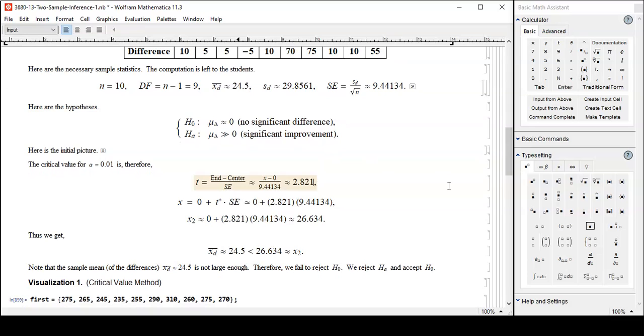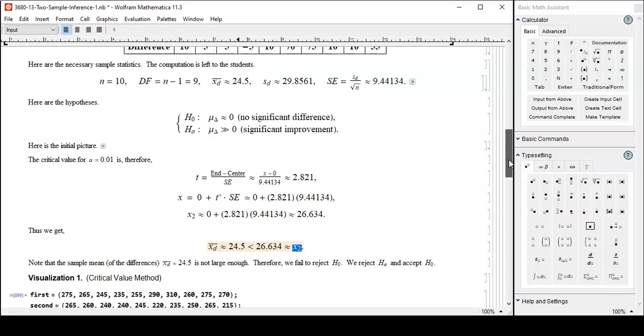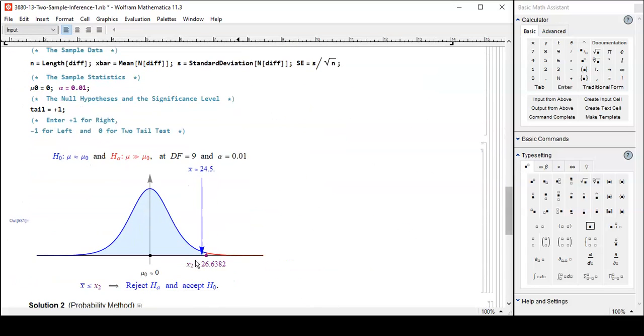T-curve with t-table with level of significance of 1%, and the degree of freedom is 9. You can work out and you can find out the critical value. Turns out to be 26.634. So 24.5, the observed mean difference, falls in the null region. So we reject the alternative hypothesis and accept the null hypothesis.